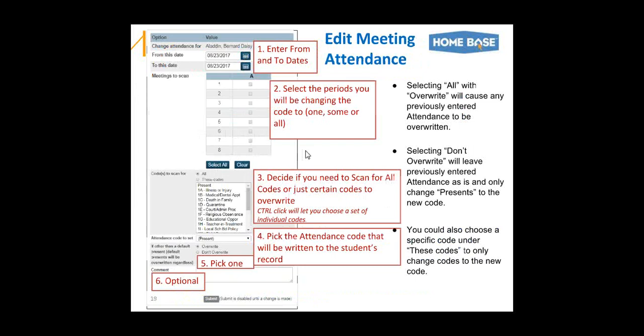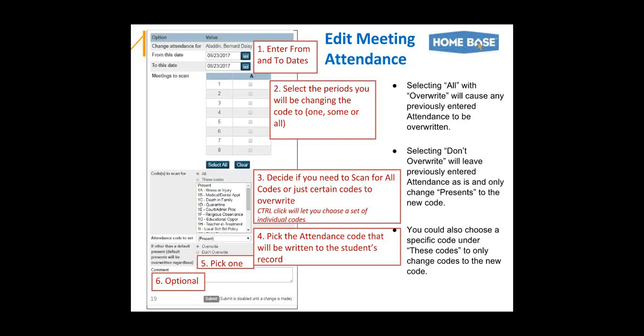So this is an actual page. So now we want to actually change something, some attendance, someplace for some day. You're going to click the Change Meeting Attendance button, and this is the page that comes up. So right now at the top, it has the student name. You're going to choose the from date and the to date, so you could actually change multiple days at one time.